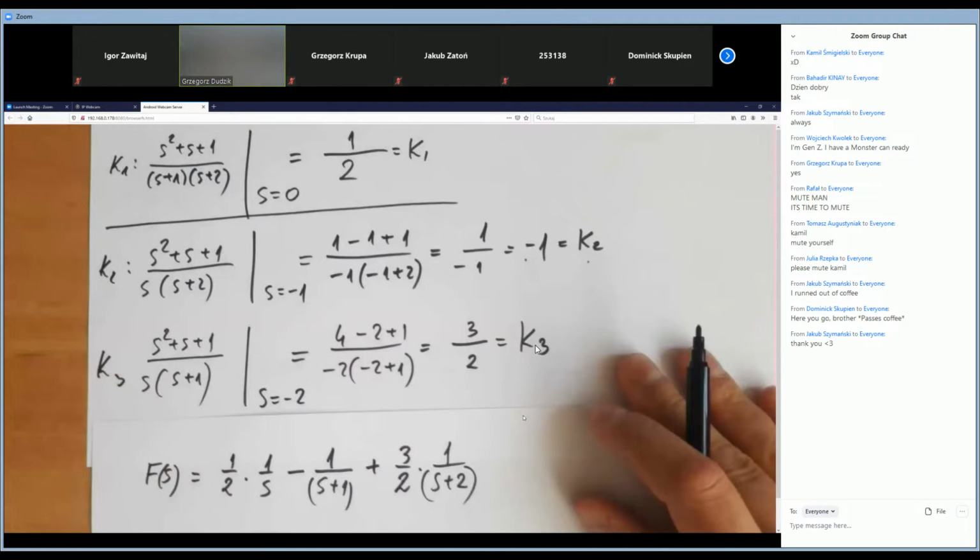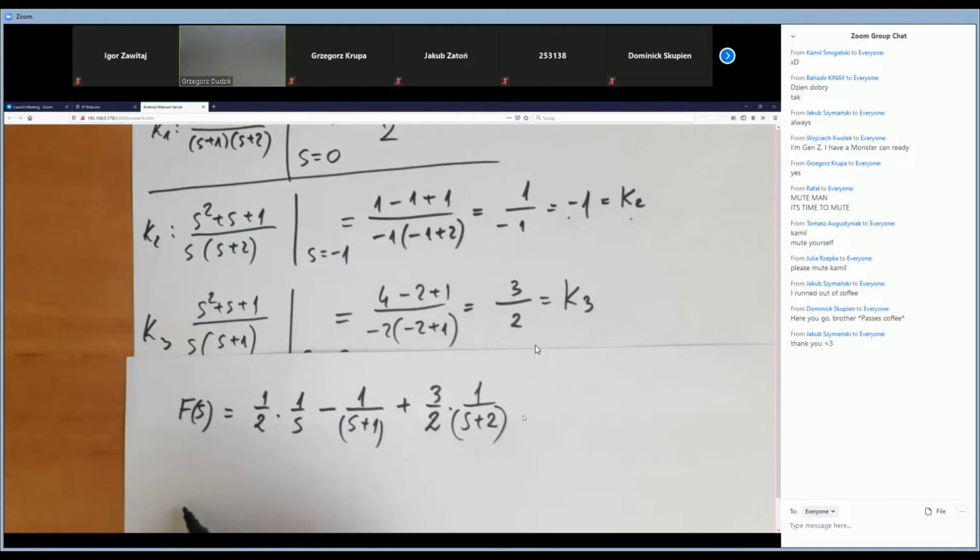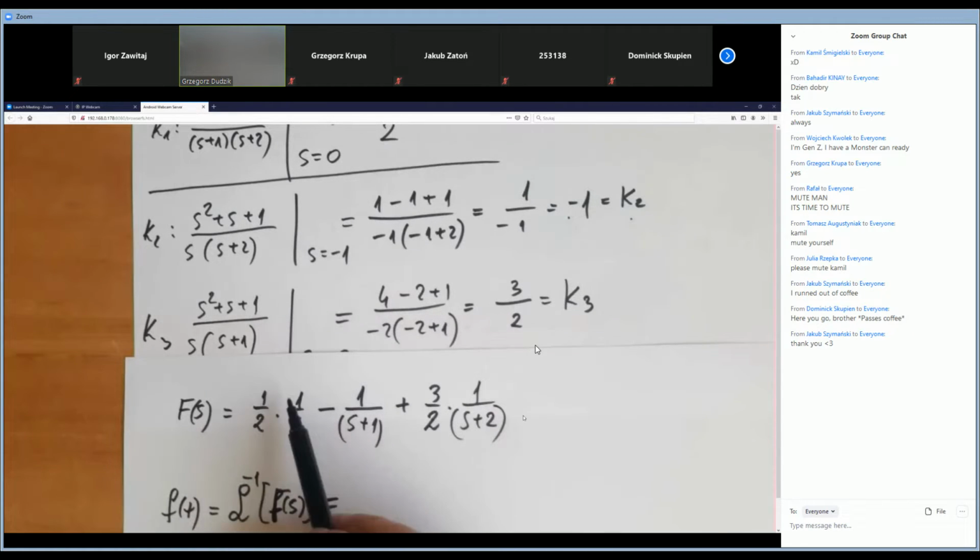Great. And now we have to just find the ft function, which is equal to the inverse Laplace transform of the Fs function. And this is equal, okay, the first component, 1 over 2, is the constant value times the inverse Laplace transform of 1 over s. 1 over s, how many is it?